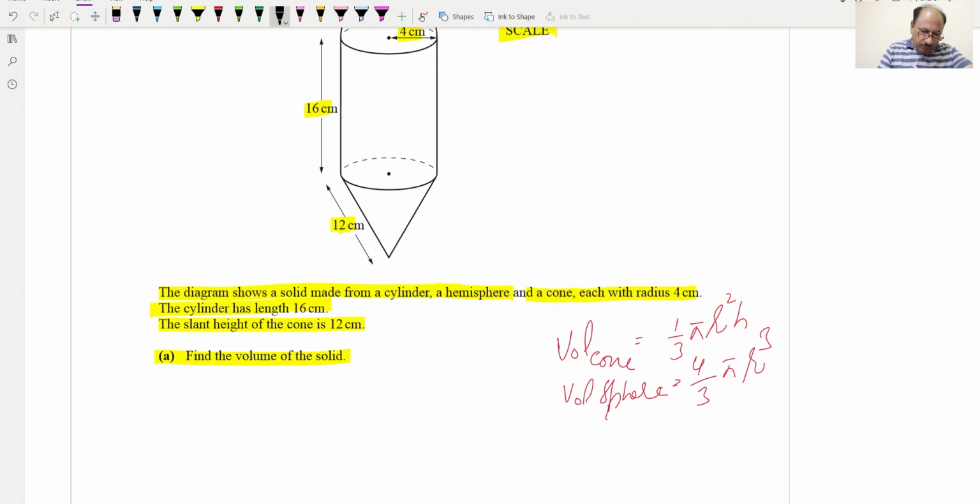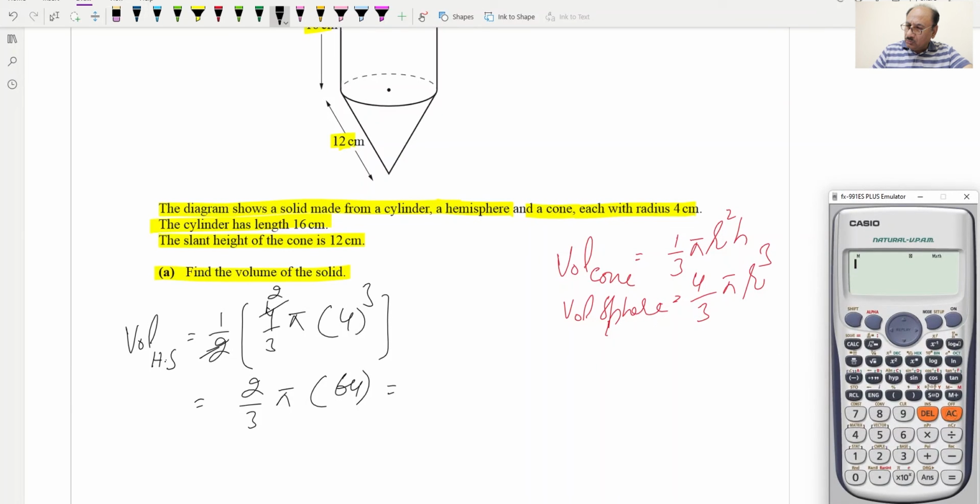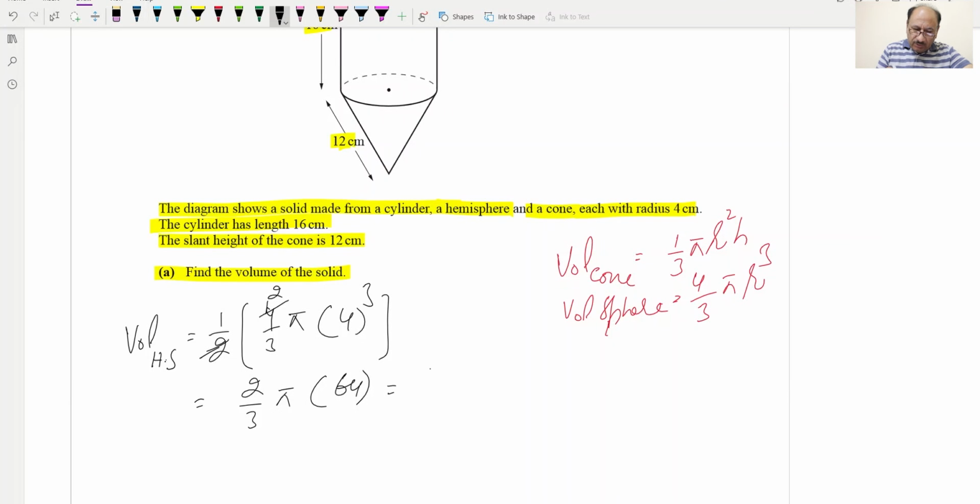So volume of hemisphere will be equal to 1 by 2 of the volume of sphere, which is 4 by 3 pi r cubed, r value is 4, so 4 cubed, and we can simplify, this can be cancelled, so it will be 2 over 3 pi, and 4 cubed will be 64, and this will be equal to 64 into 2. 64 multiplied by 2 will be 128, so 128 over 3 pi.